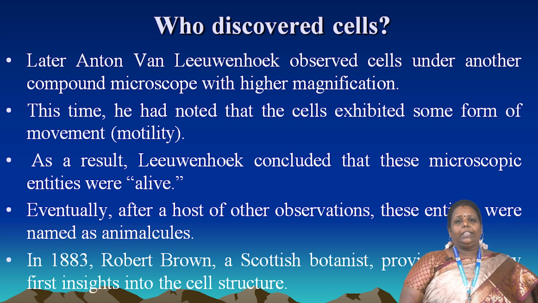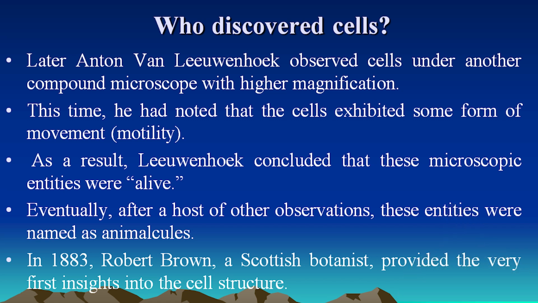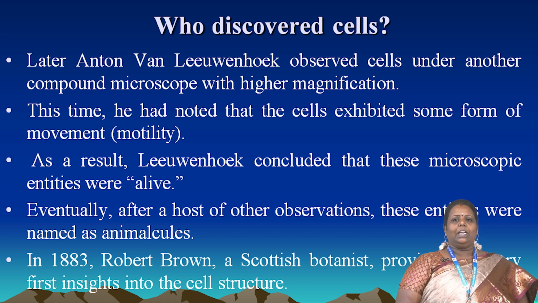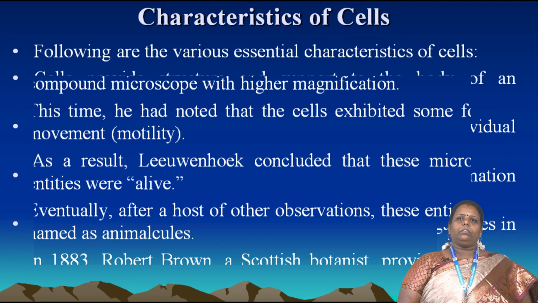In 1883, one of the scientists, Robert Brown, the Scottish botanist, provided the very first insight into the cell structure. He was able to describe the nucleus present in the cells of the orchid flower.